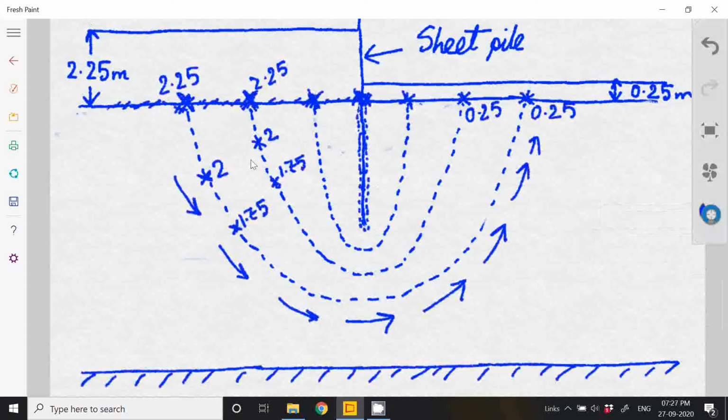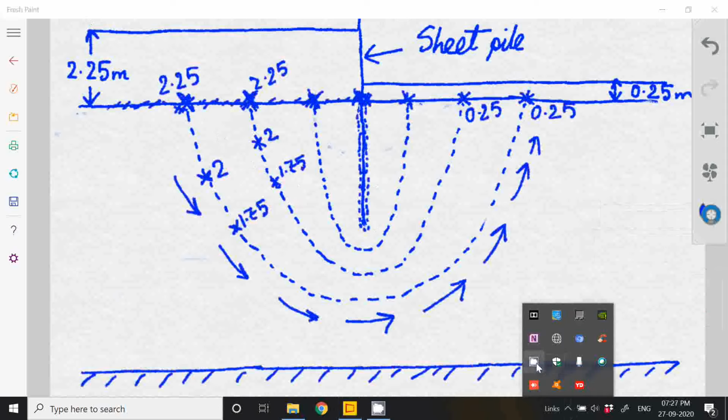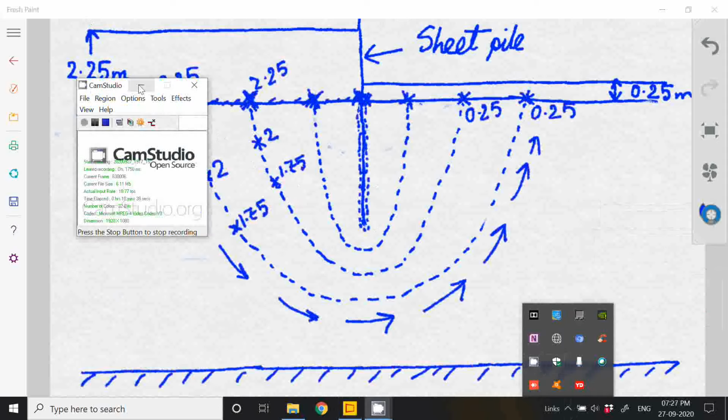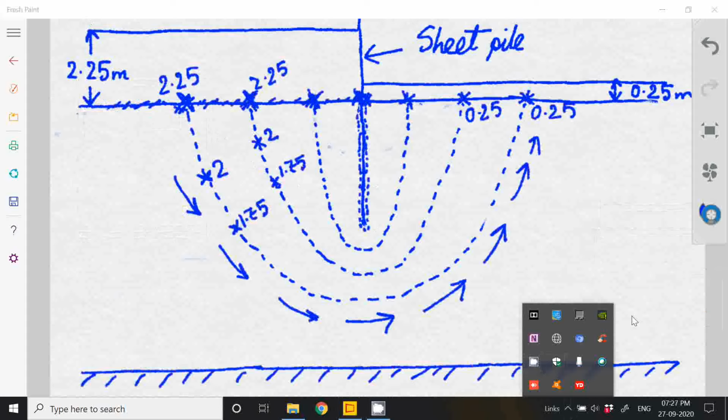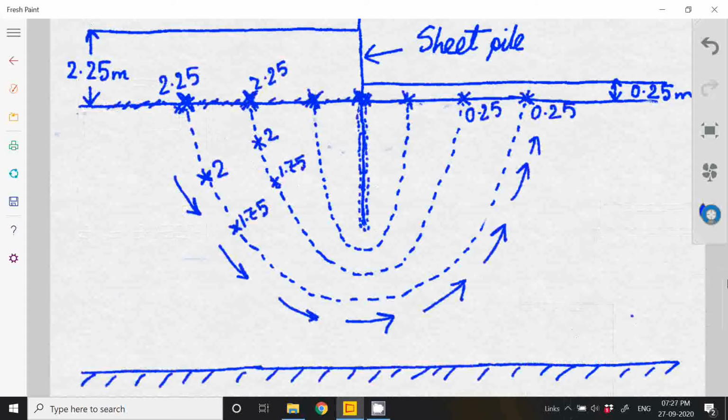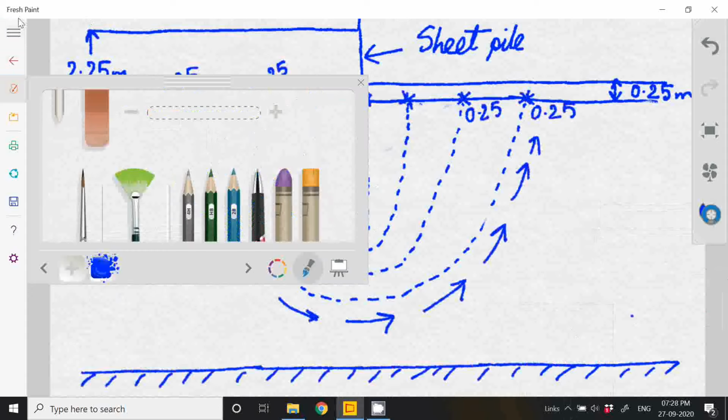So the head will decrease along the way when the particle is moving from the left, the starting point, to the right, which is the ending point. Now let me just erase the numbers so that it will be easy for me to draw.